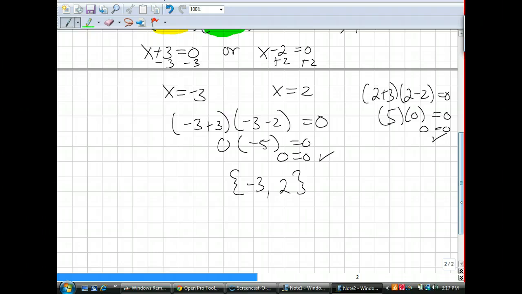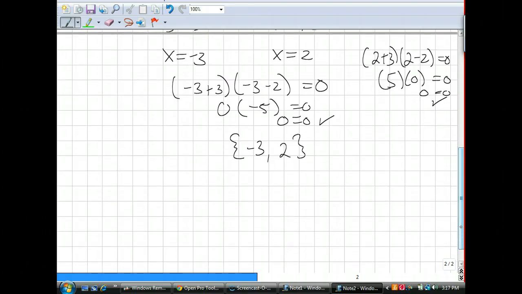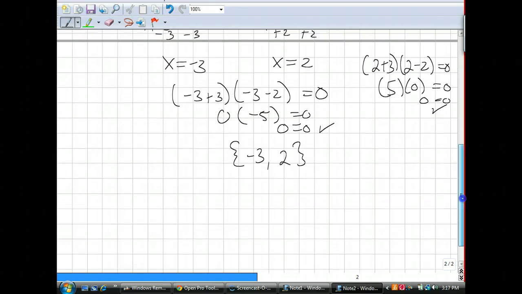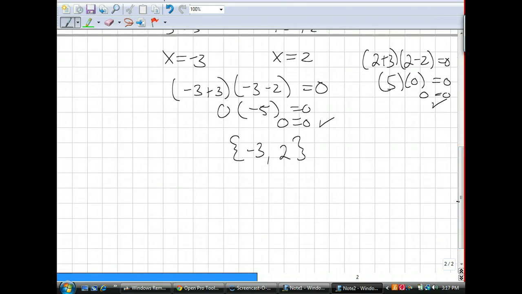Right? So notice that when I solved this, it was set equal to 0. So here are the steps that you always want to follow when you're going to solve a polynomial equation. Step number 1, set equal to 0.